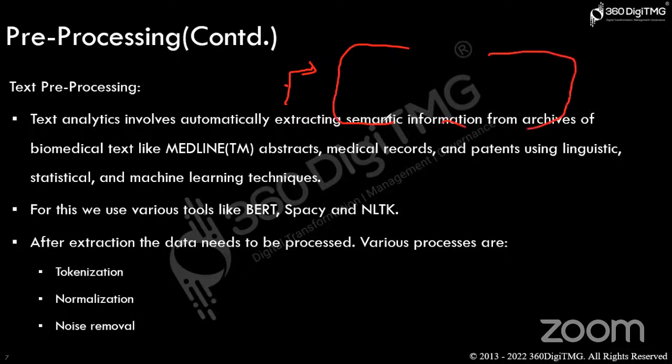The pre-processing for structured data and unstructured data is completely different, especially text pre-processing. What are the things we will be doing when it comes to text pre-processing? We'll see.